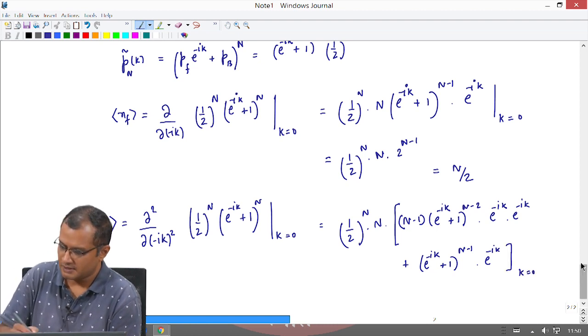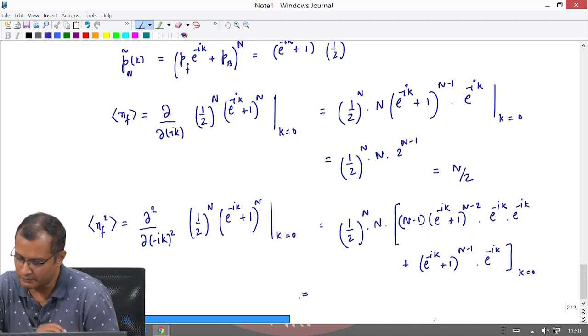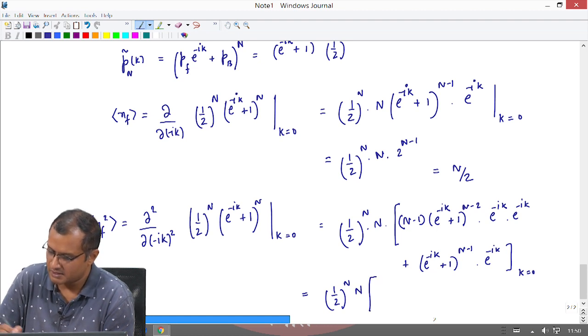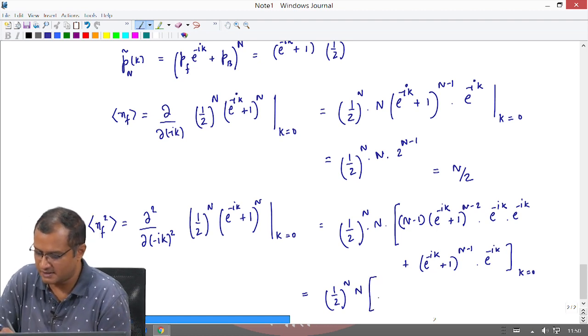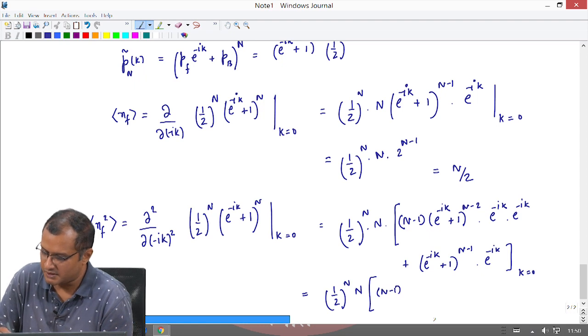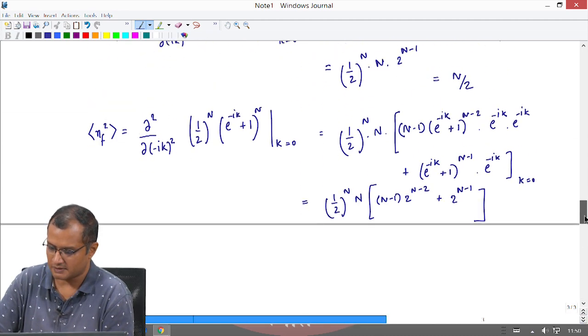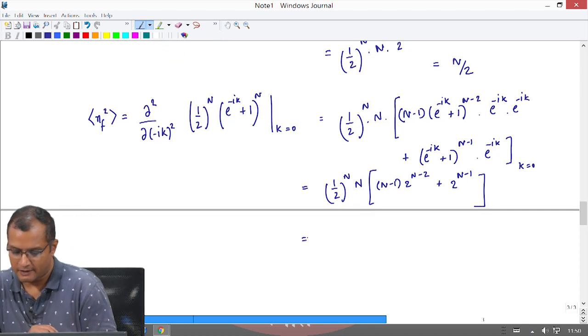Fine. So if you put k equals 0, what you have outside remains 1 half to the power n into n. Let us see what happens to the inside. You have n minus 1 into 2 raised to n minus 2 plus 2 raised to n minus 1, that is it.